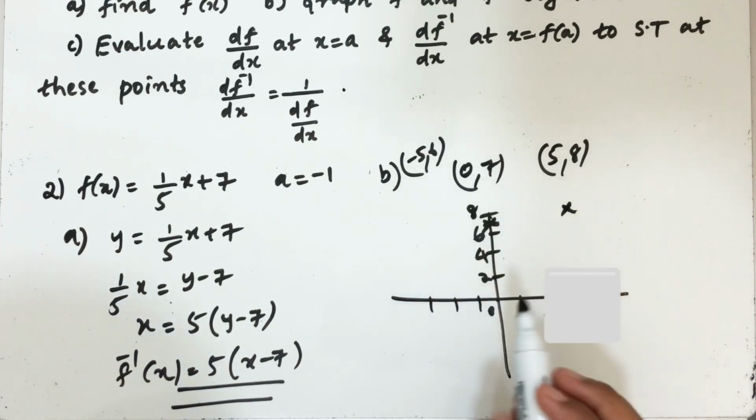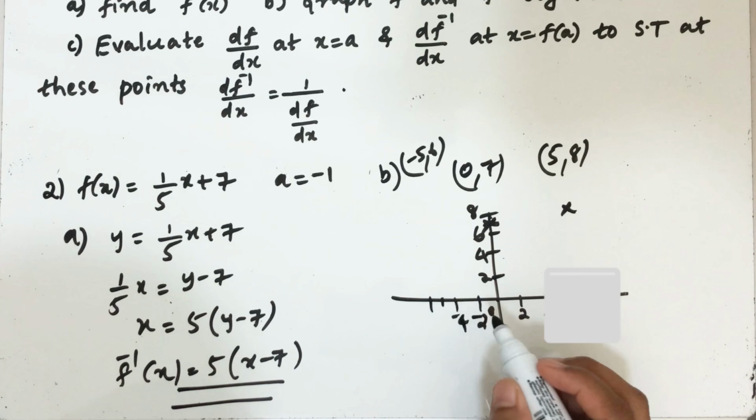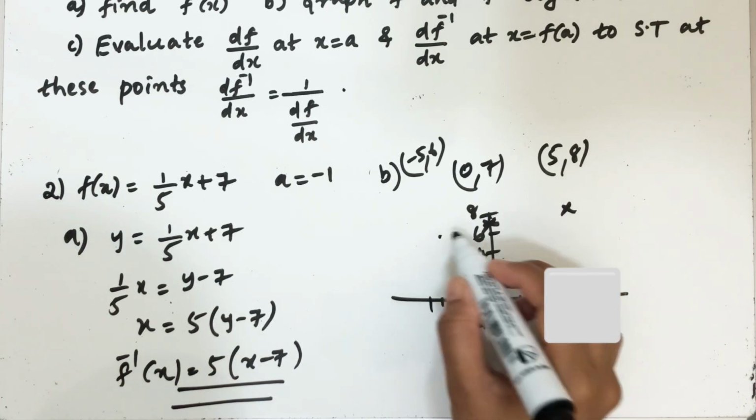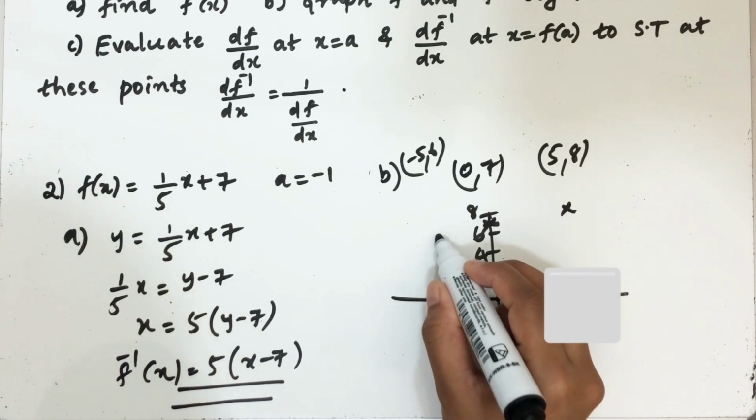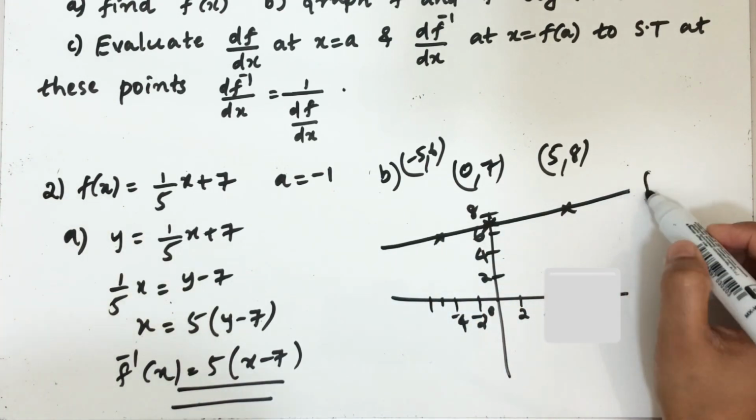Minus 5, 6. Minus 2, minus 4. So minus 5 here, 6. So this is the line f of x.